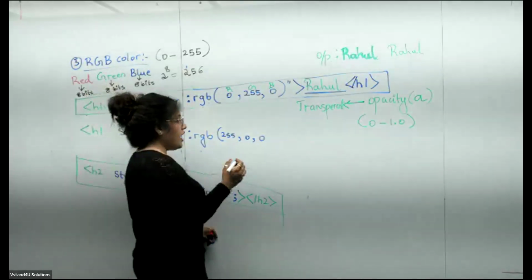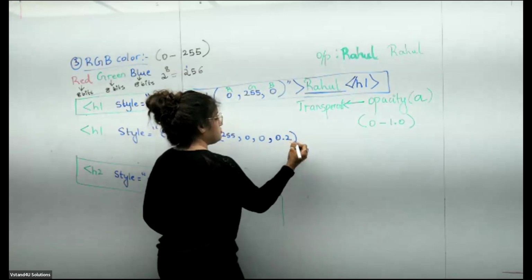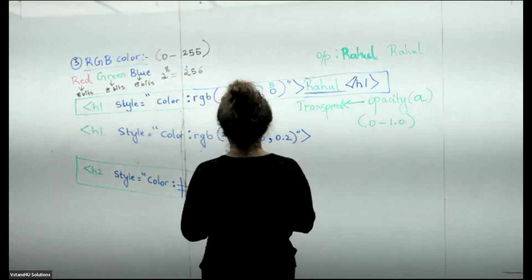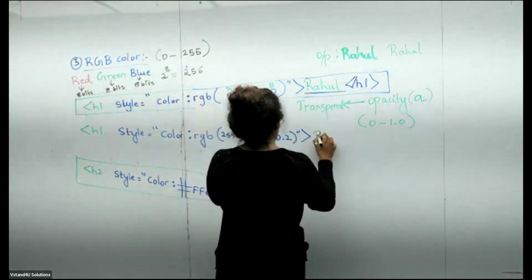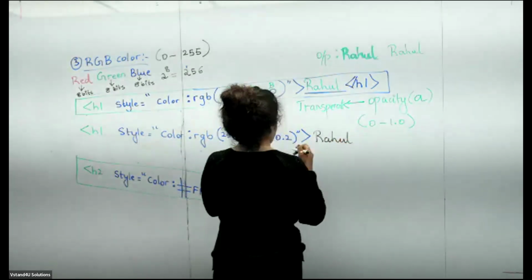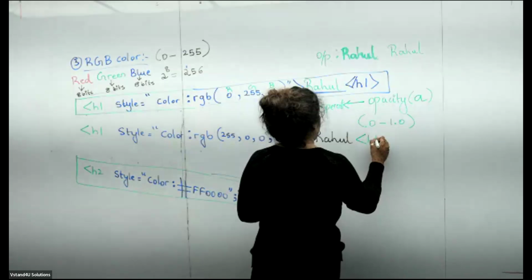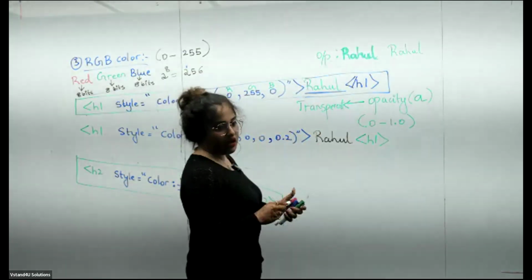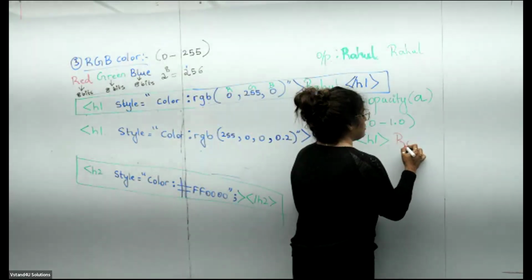So now I will give the value for this as 0.2. I will give the same name, and then I will close this H1 tag. And now my output will be displayed in which color? Red color. So now it will be like this.